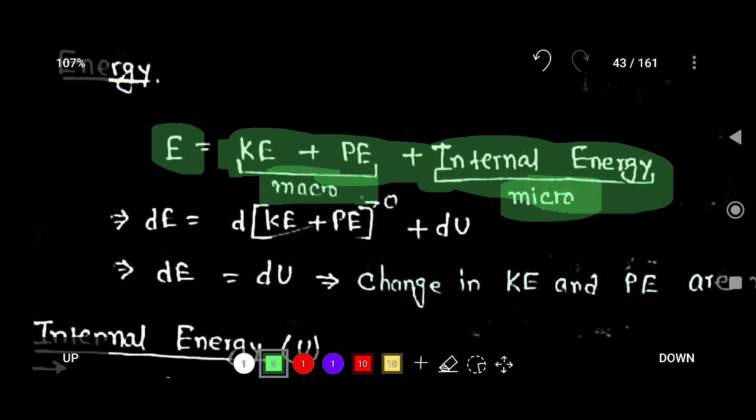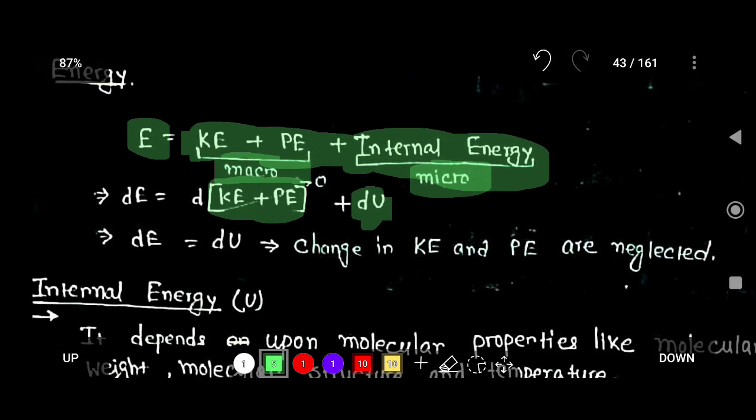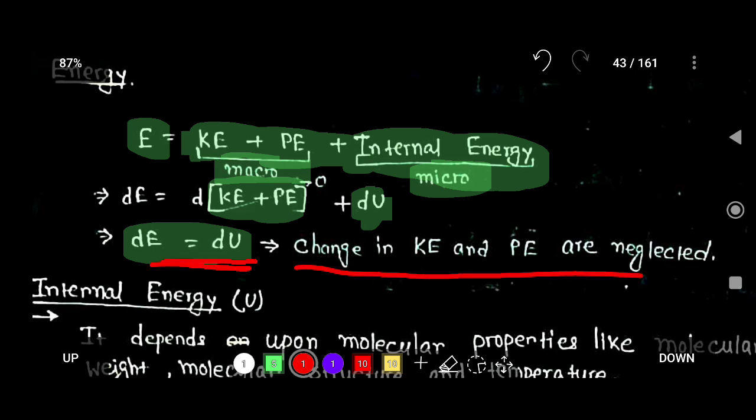If kinetic energy and potential energy are neglected, then dE = d(KE + PE) + dU becomes dE = dU. So this is applicable only when the change in kinetic energy and potential energy are neglected.